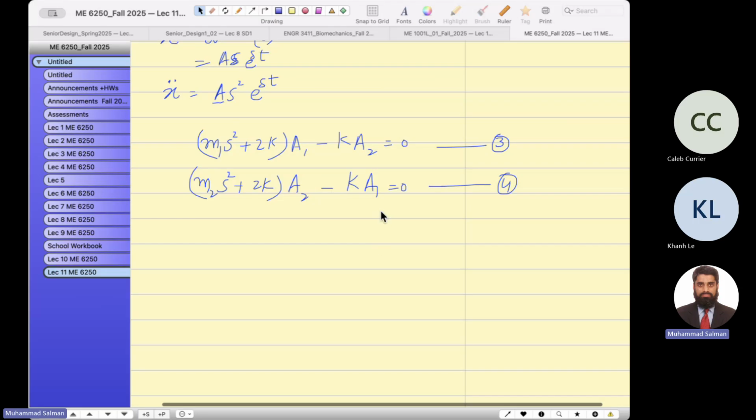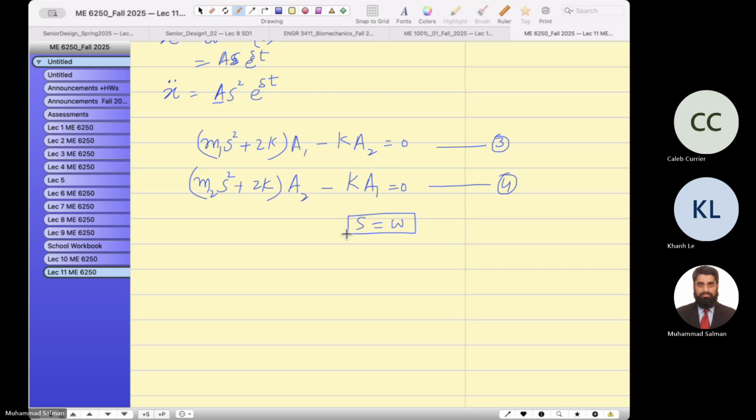So make sure s represents the exponent. So what is the ratio?